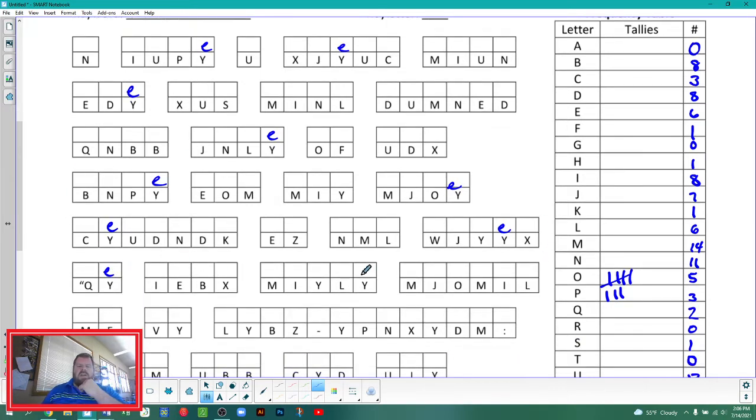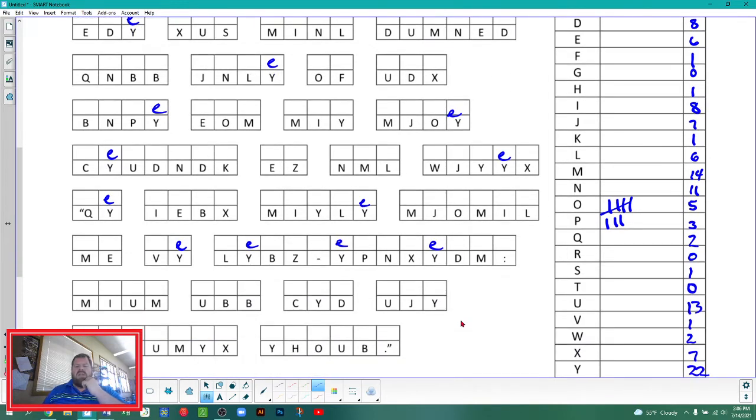But typically, your most common letter is either going to be E or T. There's enough of a gap there that I can go ahead and guess that my Y's are going to be E's. But after that, the differences, and we'll look at the percentages here in a little bit, the differences after E and T are pretty severe. I guess I forgot one right there.